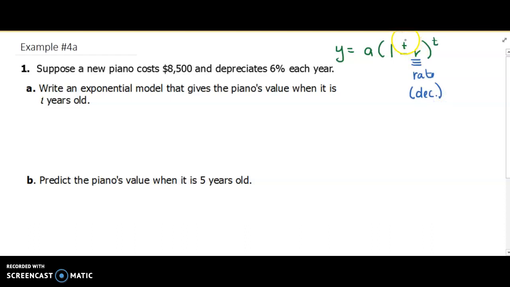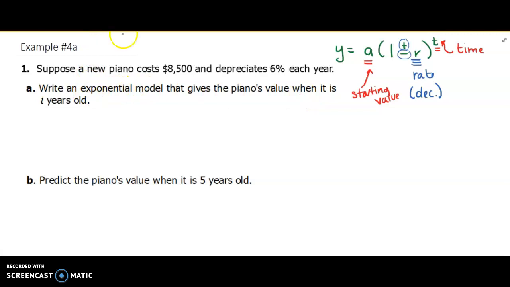Remember, if this is a plus, then it is exponential growth. If this is a minus, then it's exponential decay. Typically, a is our starting value, and t is generally our time. This can change a lot, but a lot of times it's in years.